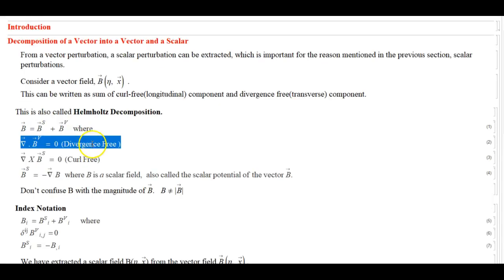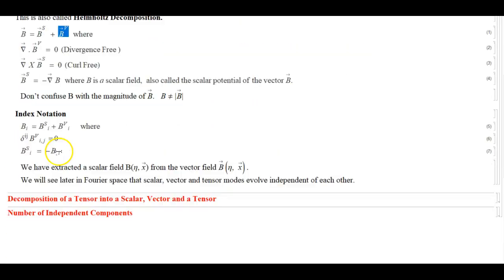Now B has been decomposed into scalar field B and vector B_V, and vector B_V has the constraint del dot B_V is equal to 0.